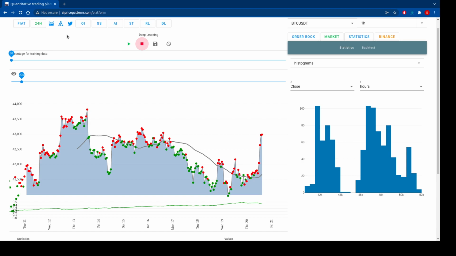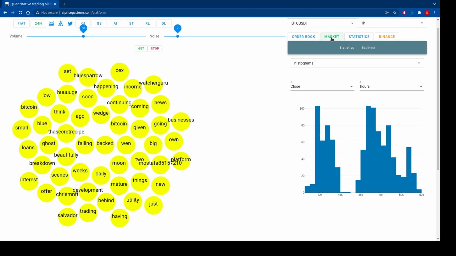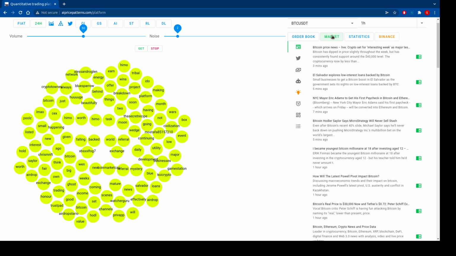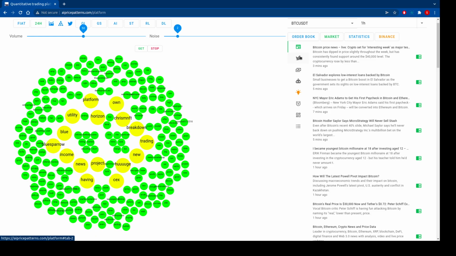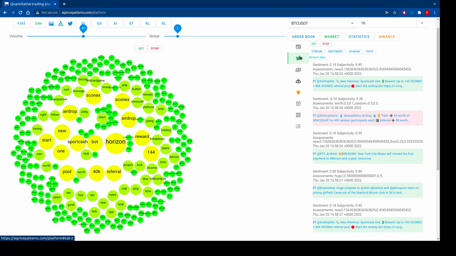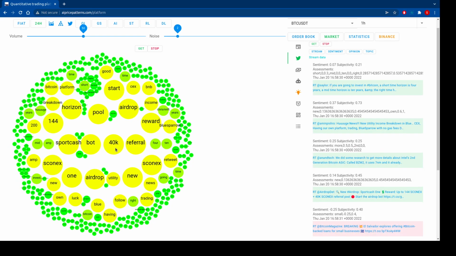And also I'm trying to find what happens on the market, and I like to analyze Twitter data, because news is very important, and I'm trying to understand what the market thinks about it.